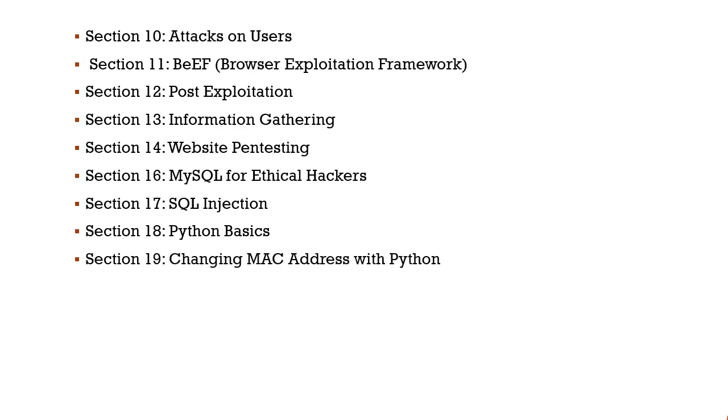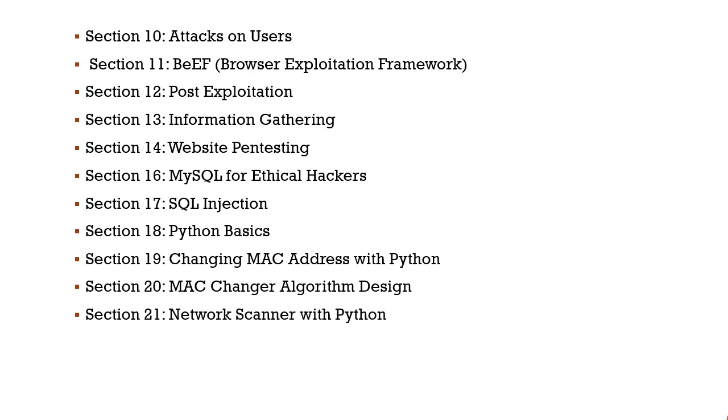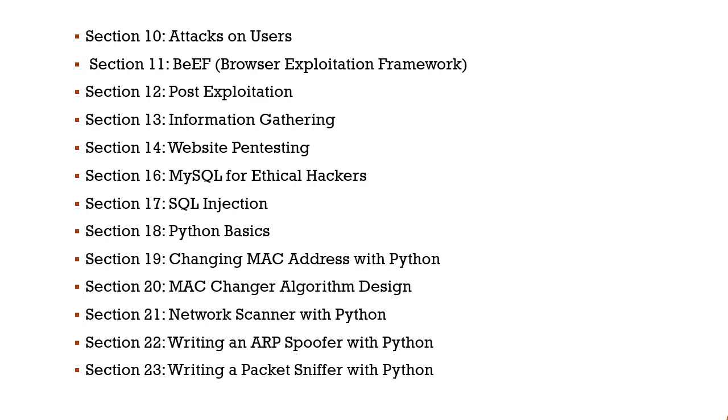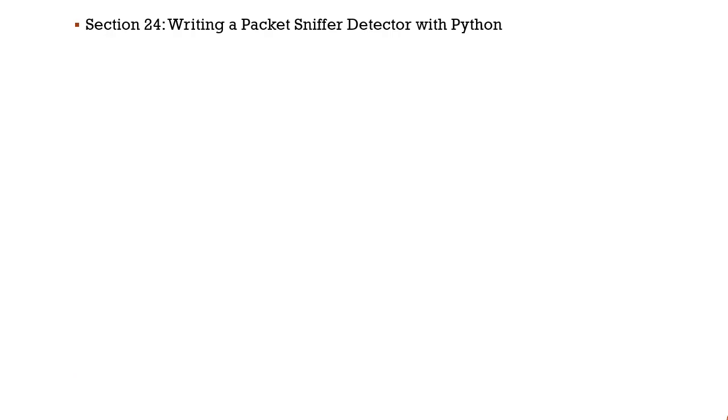Beyond the basics, harness the power of Python to manipulate MAC addresses, design algorithms for changing MAC addresses, and also develop a network scanner and create ARP spoofers, and also a packet sniffer and packet sniffer detectors with Python.